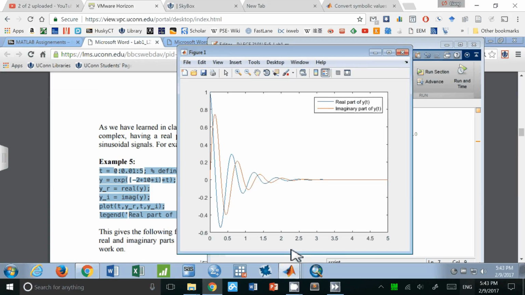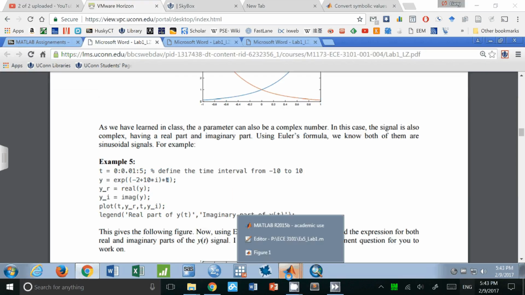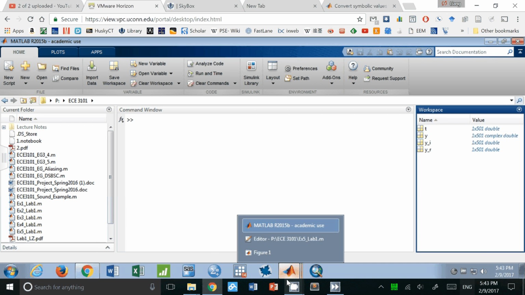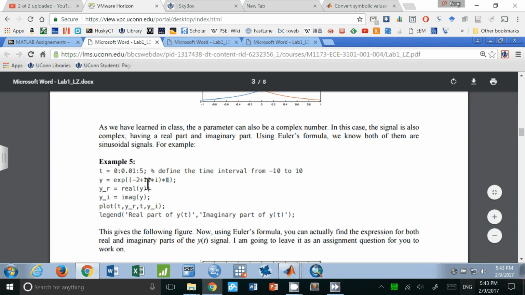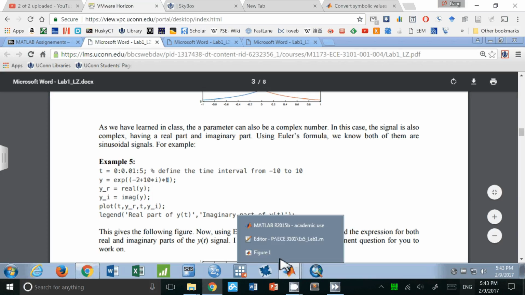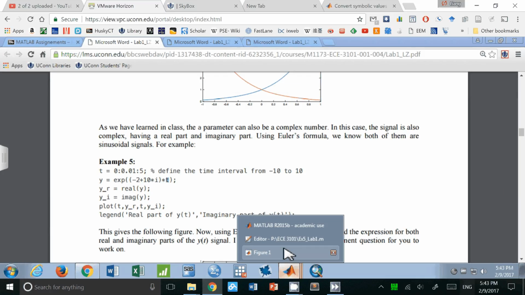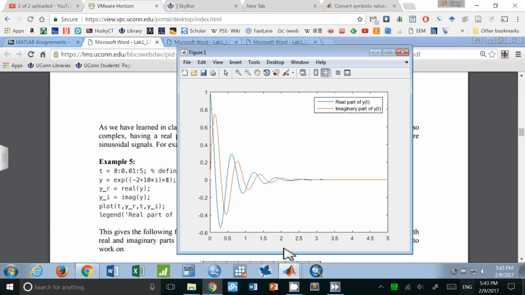This is the figure. Now, from our knowledge, when we look at this exponential signal, because of the negative real part, -2, we know it's going to be decaying, and this tan basically means it's going to be oscillating, and that's exactly what we can see.